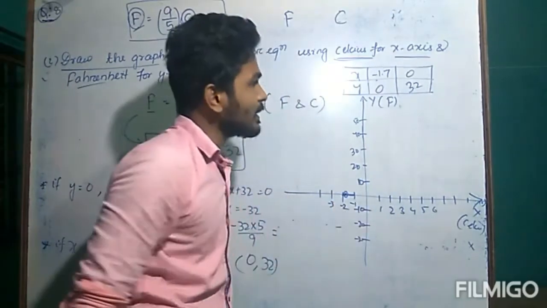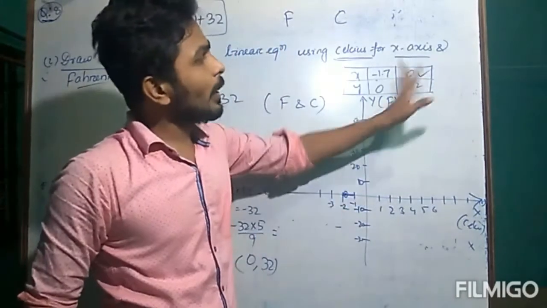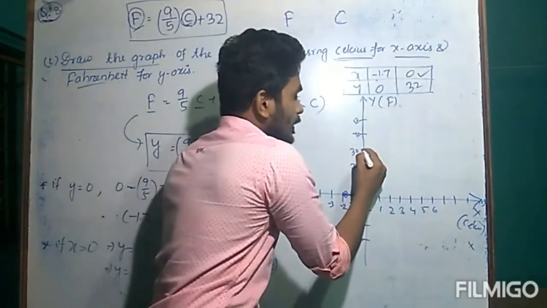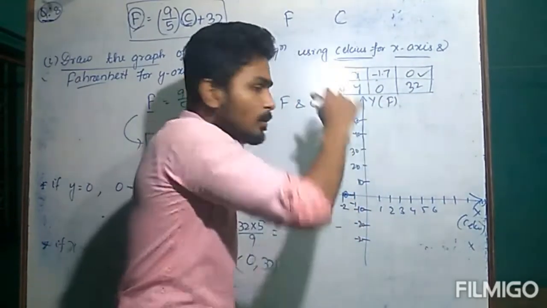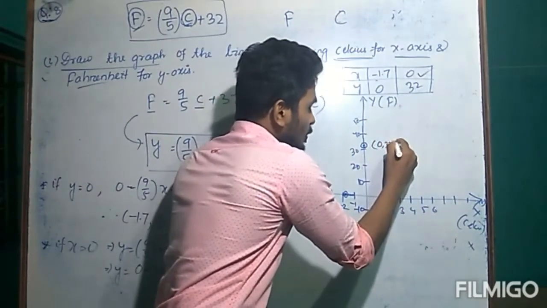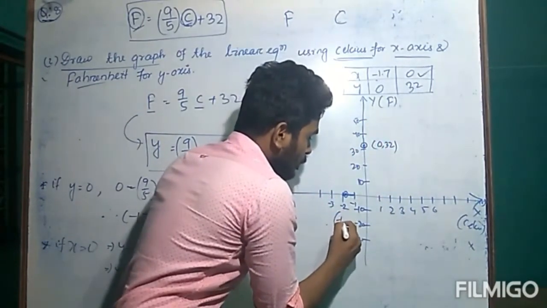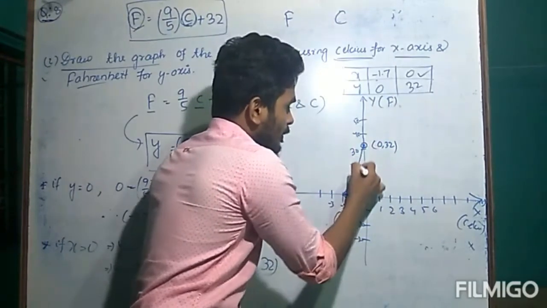This is minus 1.7, 0. Now here the x coordinate is 0, so it lies on the y-axis. This is your 32, the point 0, 32, and this point is minus 1.7, 0. Now join these 2 points.